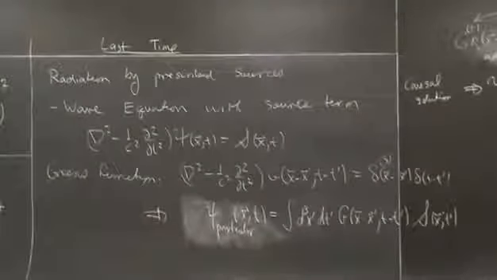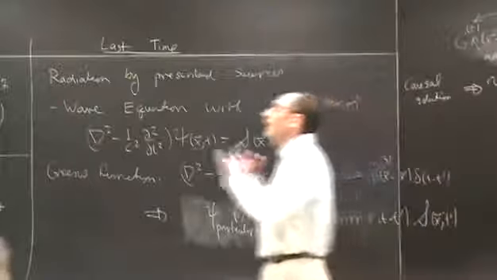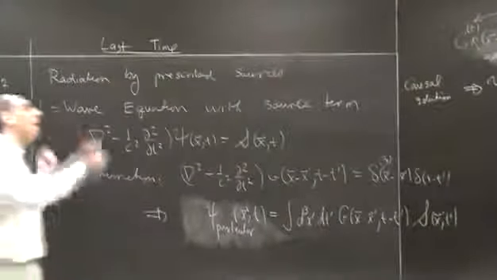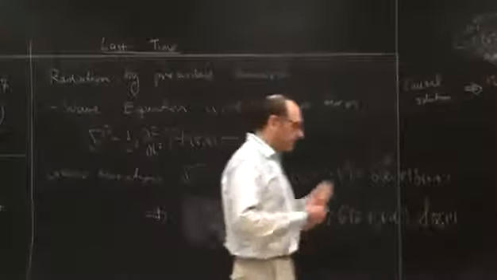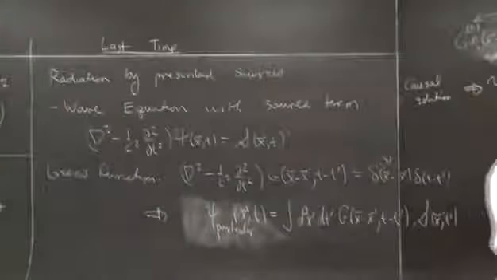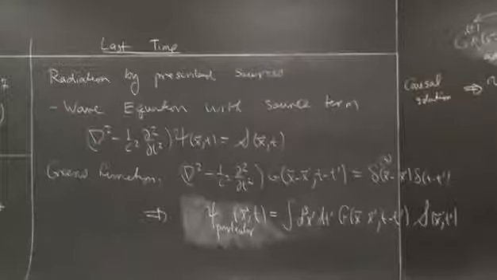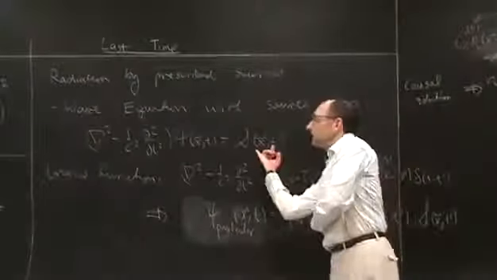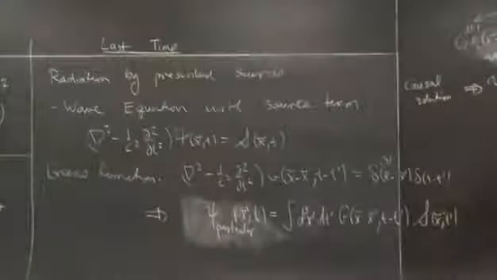Last time, we started this important discussion of understanding electromagnetic radiation, and we have some prescribed sources that are moving in space and radiating electromagnetic waves. And to do that, we began by looking at the wave equation for a scalar wave that is being driven by some source term.